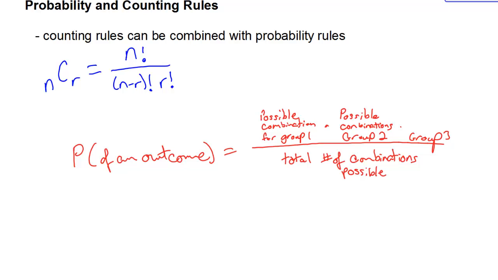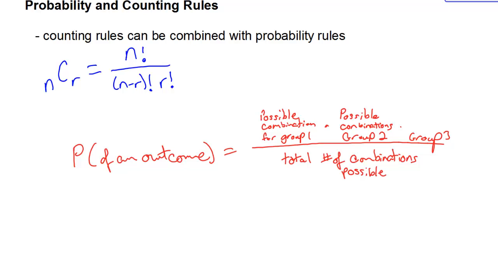Anytime there's more than one group, I'm looking at how many possible combinations, and I'm going to multiply those for the numerator. Just like we've done previously when we looked at the number of sopranos versus altos, and so forth, we could see the total number of combinations we had.